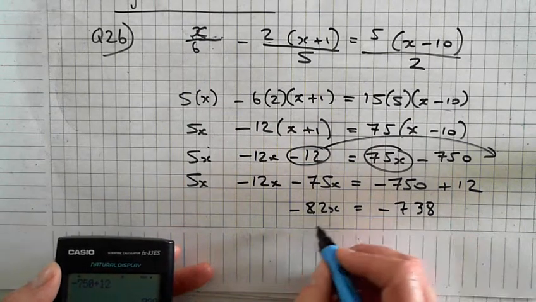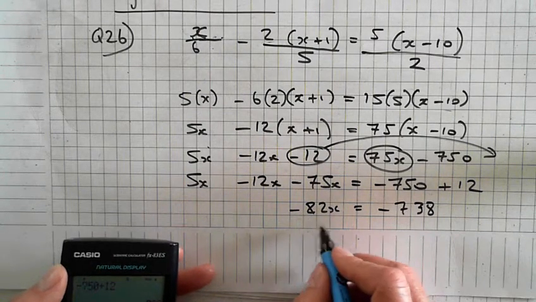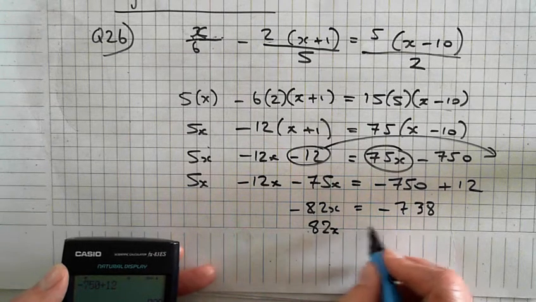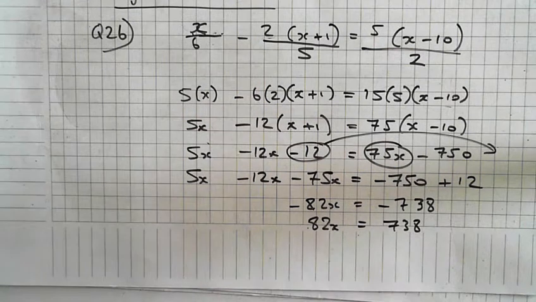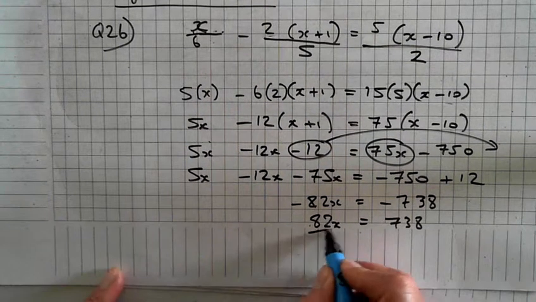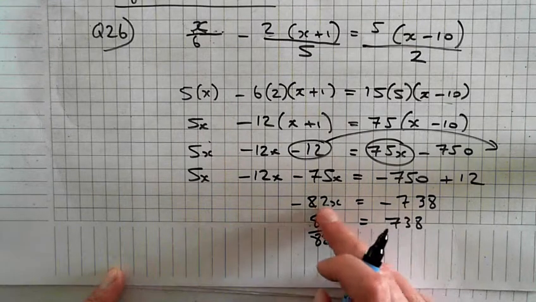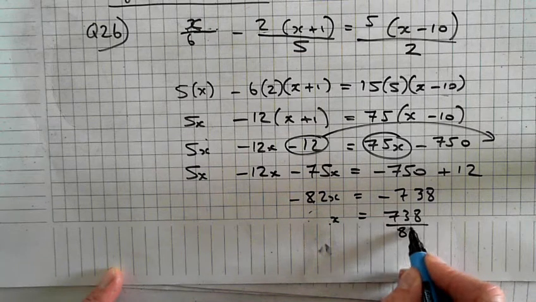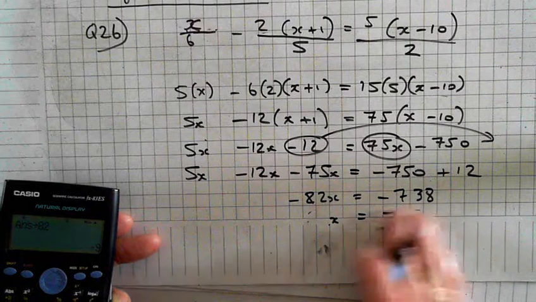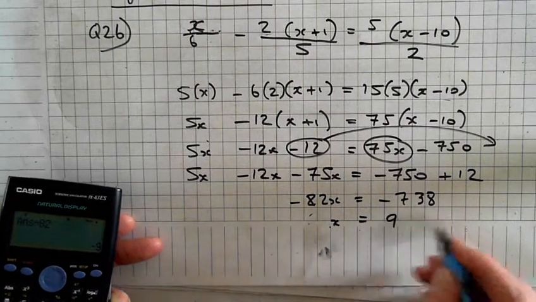Minus 738. Make this positive. Change the sign. Change the sign. Divide both sides by 82. So 82 divided by 82 gives you 1. And divide that by 82 and you get 9. X is equal to 9.